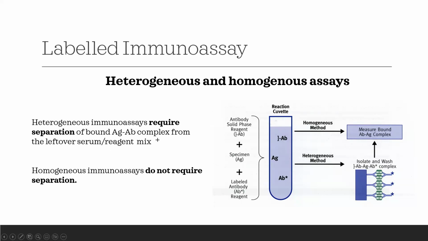If there's a separation step after the complex formation, we call them heterogeneous immunoassays. But a homogeneous assay, on the other side, does not require any separation, so we can put everything together from the beginning to the end. It doesn't need any isolation or washing step.